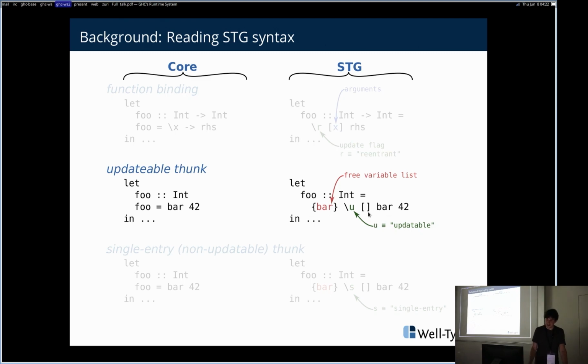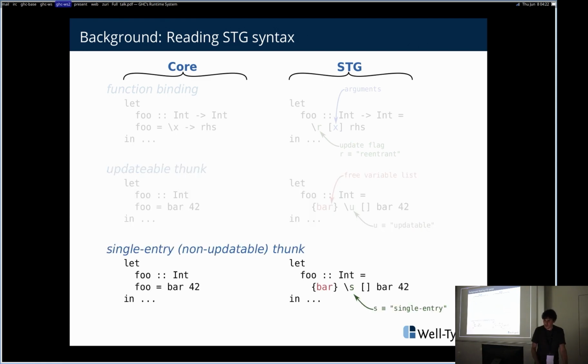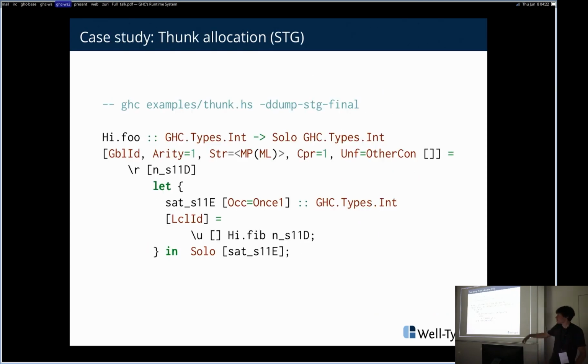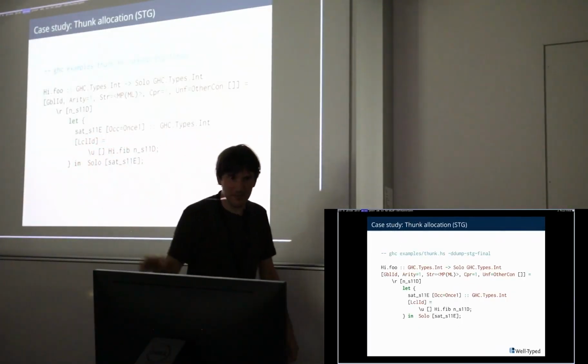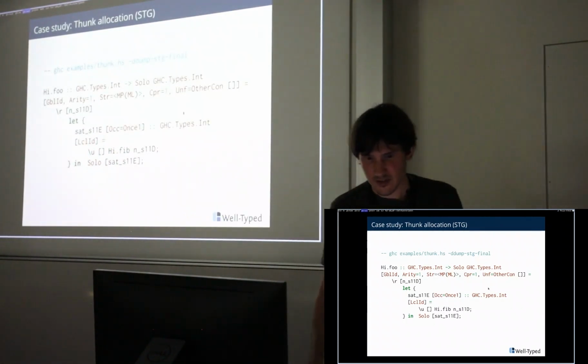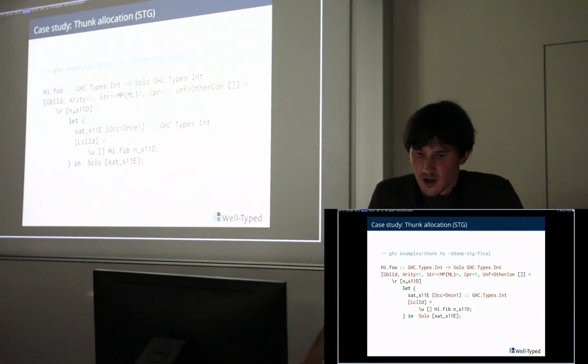And then, in the case of a thunk, we'll have obviously no lambda binders. So that will hopefully be sufficient for our purposes, to allow you to inspect the STG of our program here, right? I realized here that the free variable list is missing. I apologize for that. There should be n free.